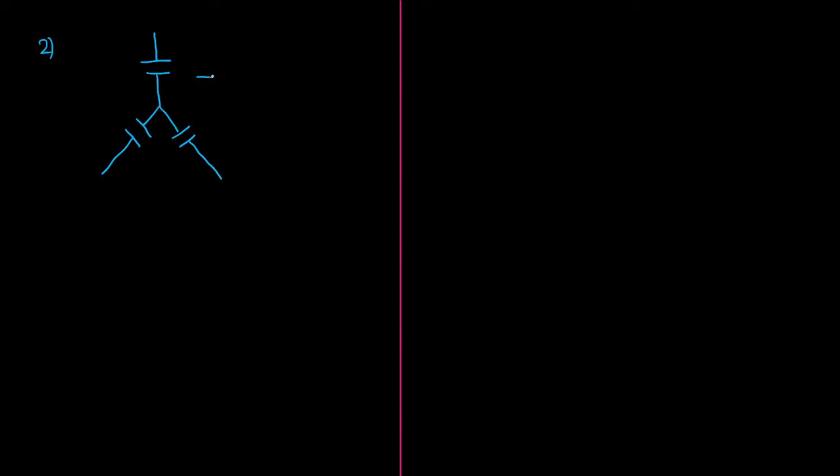Now let us estimate. I'm calling it the power factor. Initially the power factor is 0.8. Now, because of this capacitor bank, the new power factor offered by the circuit will reach 0.9.